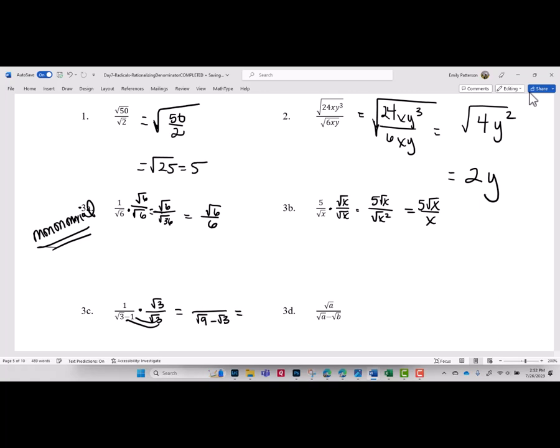So when I evaluate that, the square root of 9 is 3, but I still have the square root of 3. And that doesn't help my situation at all. This is actually still giving me a radical in the denominator. So when we have a binomial, what we're going to use is what's called the conjugate.